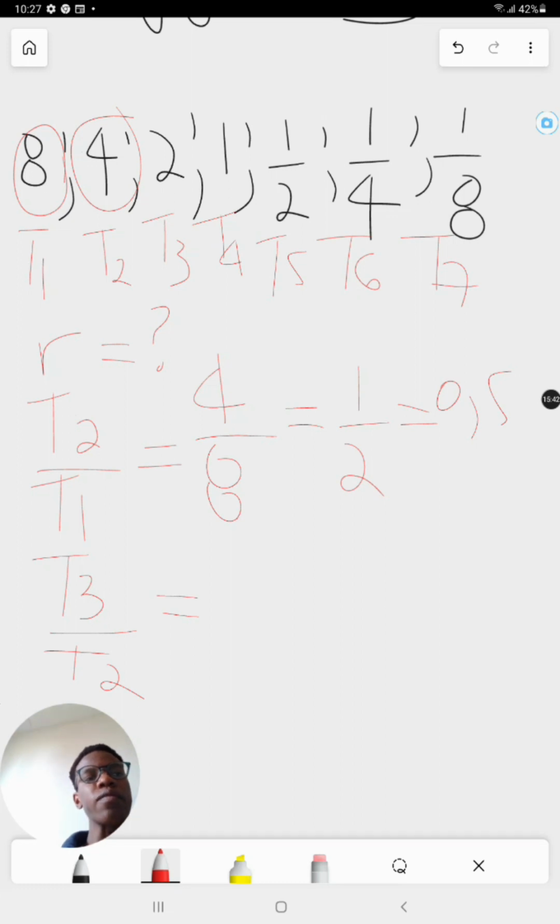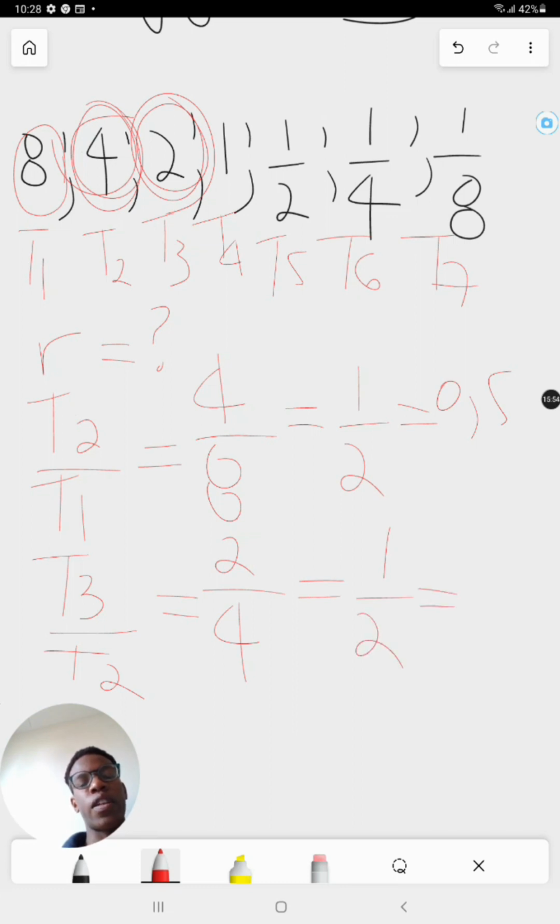T3 in this instance is 2, and T2 is still 4. 2 over 4 is 1 over 2. This is going to give you half. So nothing changes. The approach is still the same. This is half, that's R. So this is indeed a geometric sequence.